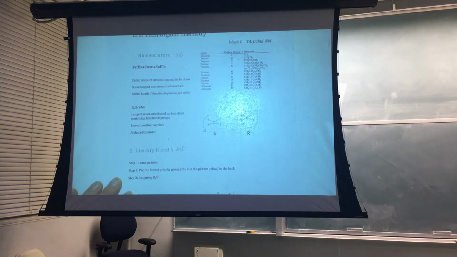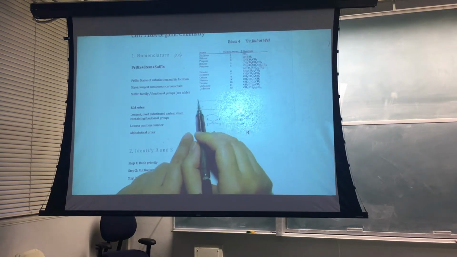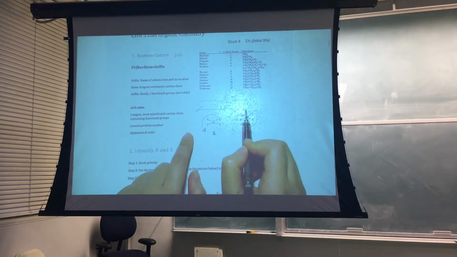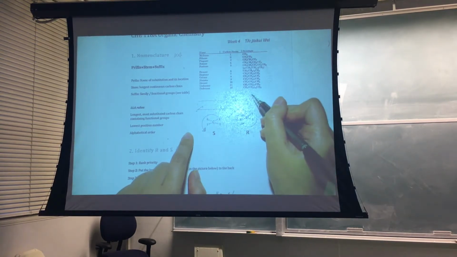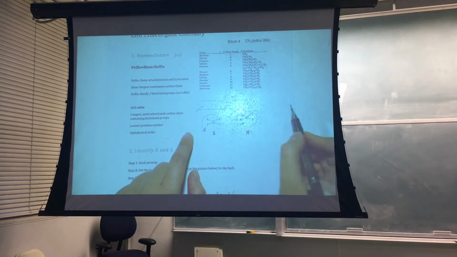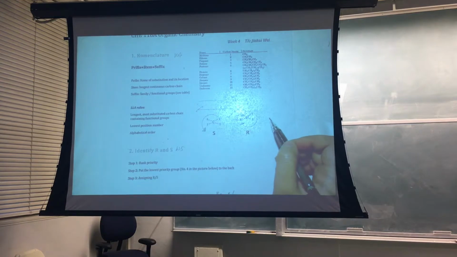That is the case for most. If you start from that end, it's going to give you a lower number, but it's not always the case, especially when you have a really complex molecule. So always check. You can number from left to right, and you can also number from right to left. Then you have several substituents with different numbers. You add them up, and then choose the lowest one. So that's what I always do.